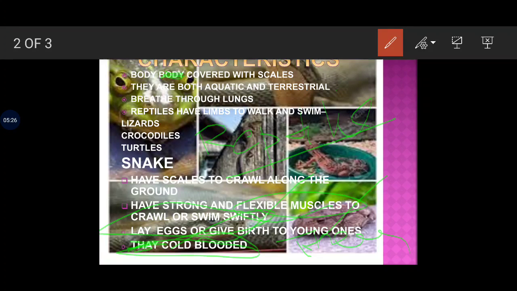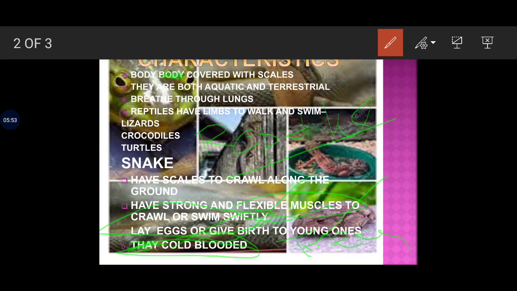It means that they can adjust their body temperature according to the temperature of their surroundings. I repeat, being cold-blooded means the organism can change its body temperature according to the temperature of its surroundings. So from fish, amphibians and reptiles, they were all cold-blooded.